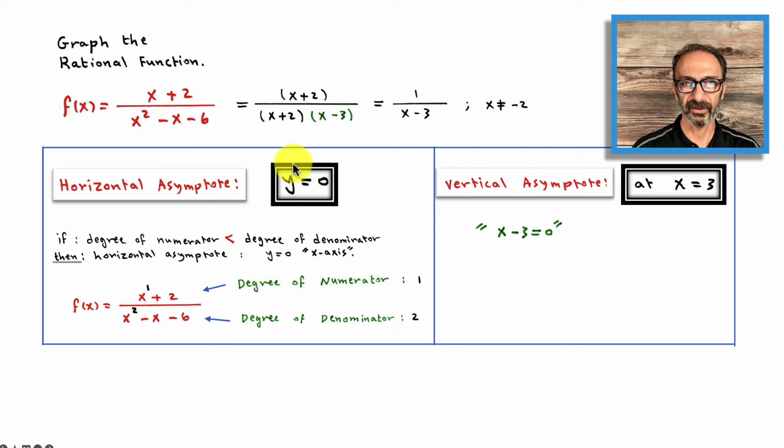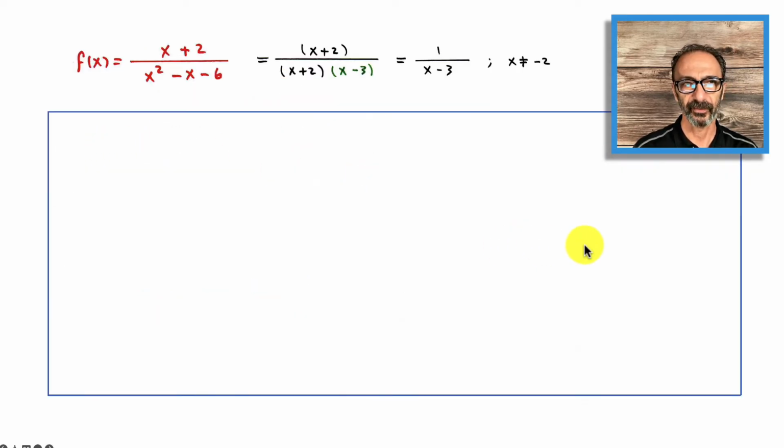Of course, this also has another topic which is coming in the coming slides. So this is what we have. In case you simplify this, you have to mention that x cannot equal negative 2.